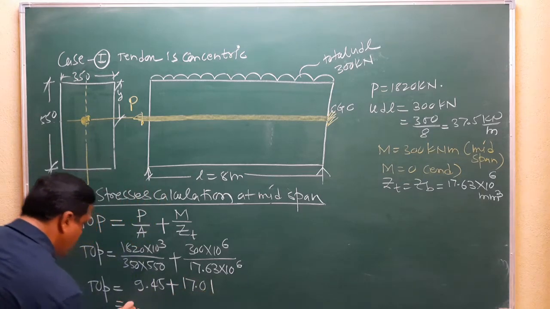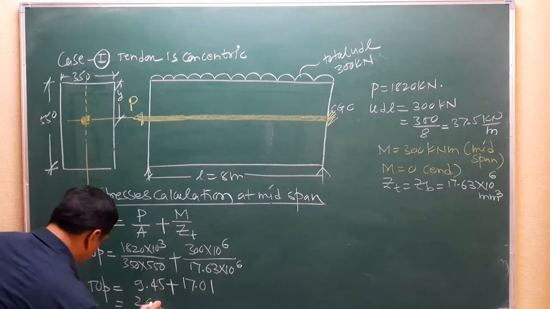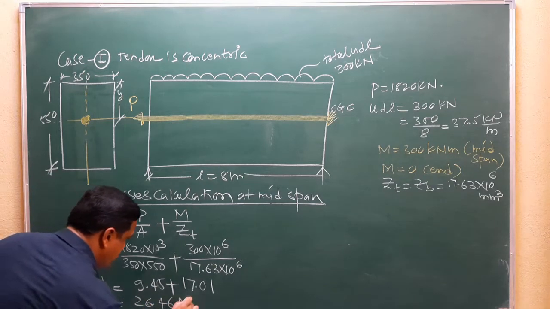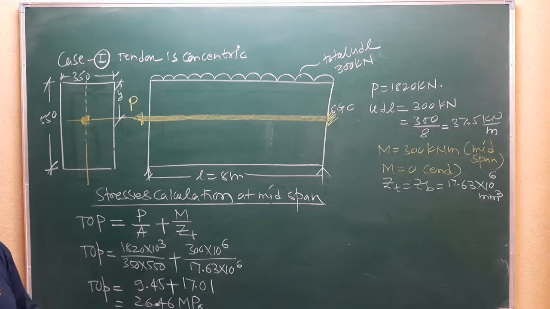You add them, 17.01 plus 9.45, and the value is 26.46 megapascal. So this is the top fiber stress and the value is positive.